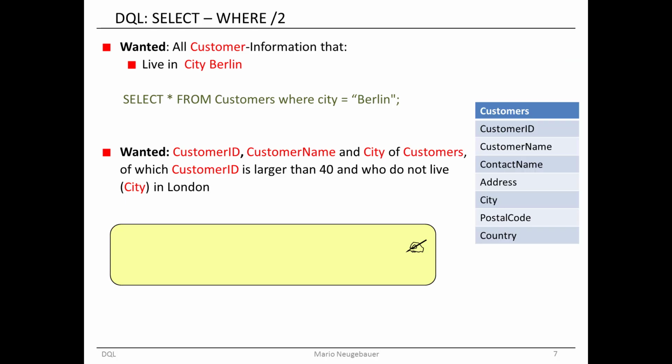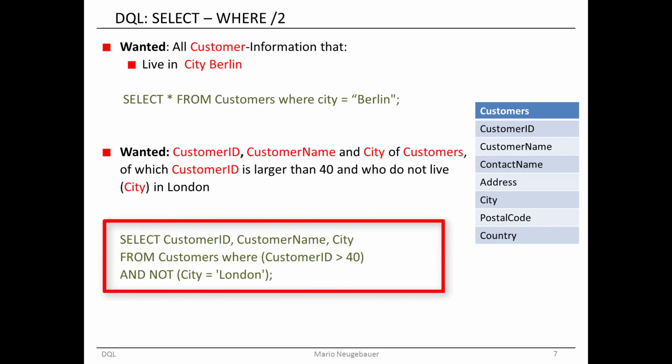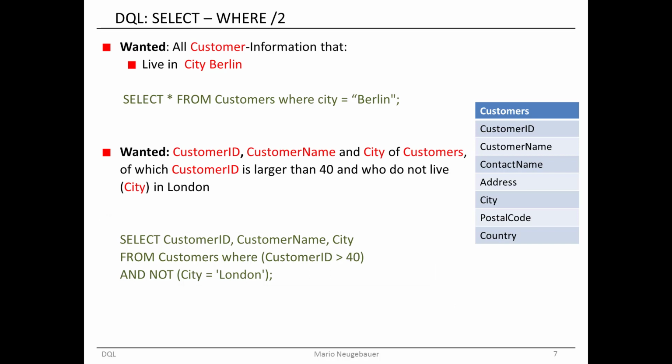How about our second task? For our second task, the statement is a bit longer. First, we see that the columns are specified, the columns which we want to get as a result, the customer ID, the customer name, and the city, divided by the comma.